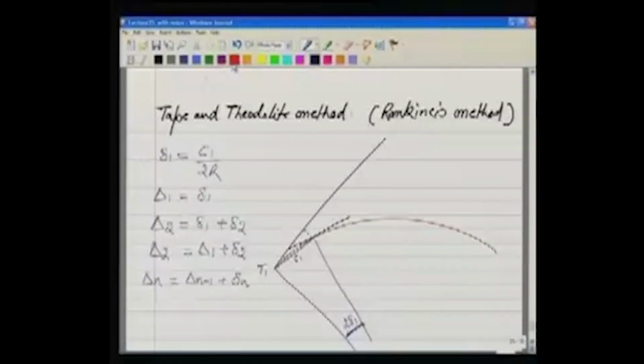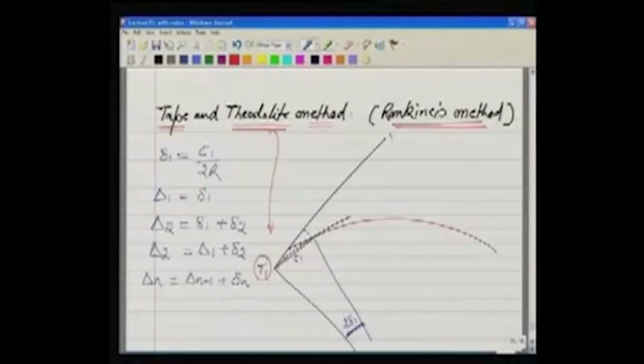Now in this method, when we have a tape and a theodolite available with us, we call this method Rankine's method. Now what is there in this method? Well, our T1 is known to us. We stand at T1 with a theodolite.